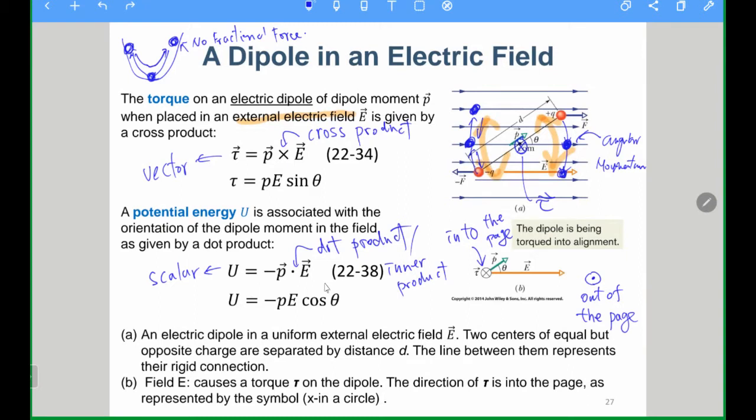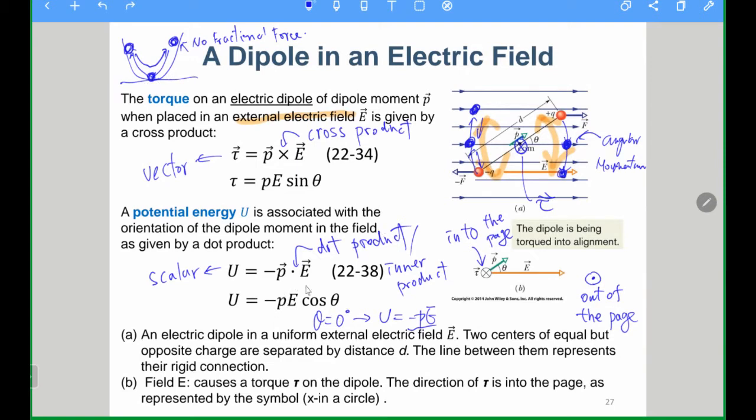If theta is 0 degrees, then U equals negative PE, because of the cosine, which means the minimum of the potential energy. You can see here, this is the minimum point of the potential energy.